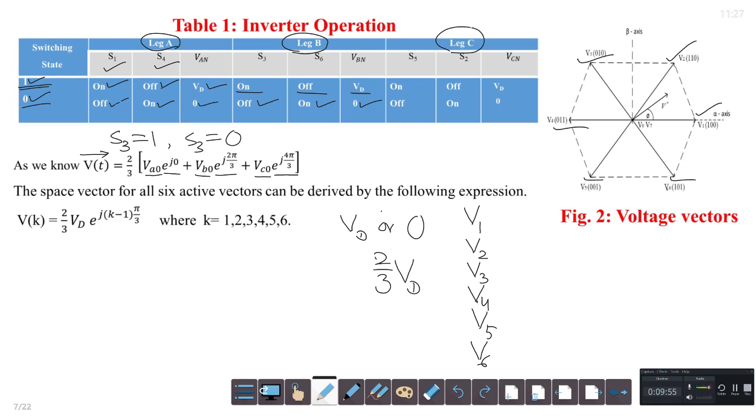The tips of these 6 voltage vectors form a hexagon.